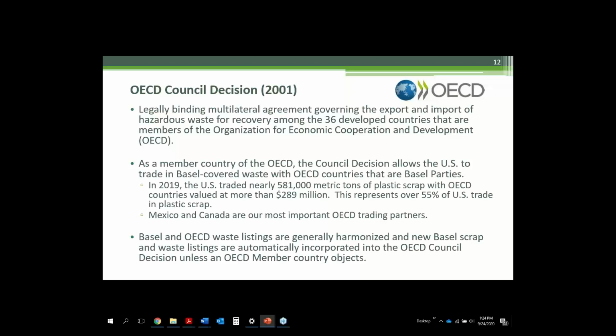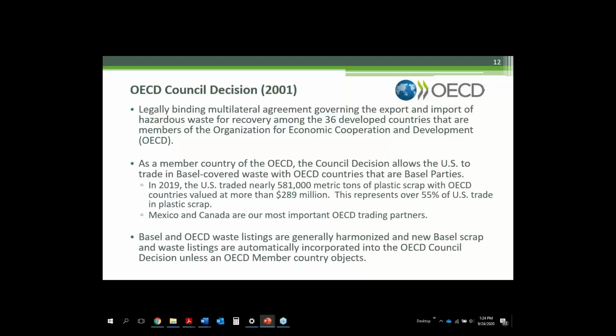And so that allows us to trade, and we have quite a bit of scrap trade with the OECD countries. The OECD countries are Europe, Canada, Mexico, Japan, South Korea, Australia, countries like that. As you can see, last year, just looking at plastic scrap, which is one of the many types of scrap the OECD countries trade, we had almost 600,000 metric tons of trade.